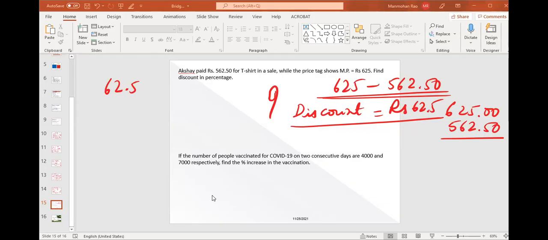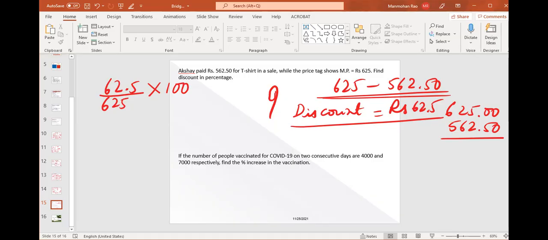Tell me. 62.5 for 625. How much for 100 rupees? If the price tag is 625, he got 62.5. If the price tag is 100 rupees, how much discount will he get?